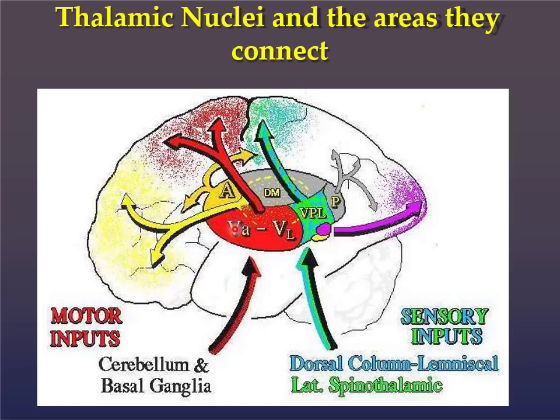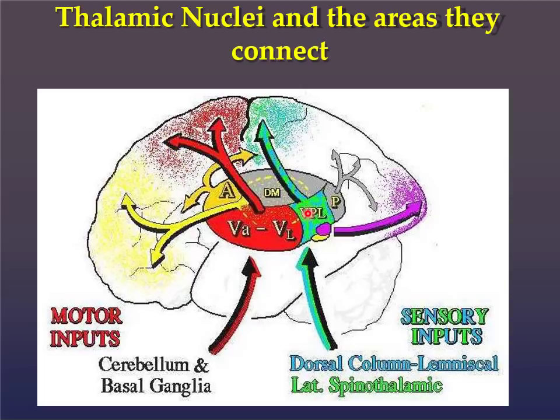We also see VA and VL, that is ventral anterior and ventral lateral. They are getting strong inputs from the cerebellum and from the basal ganglia, and they send their outputs to motor cortex, primary motor cortex, and premotor and supplementary motor cortex.